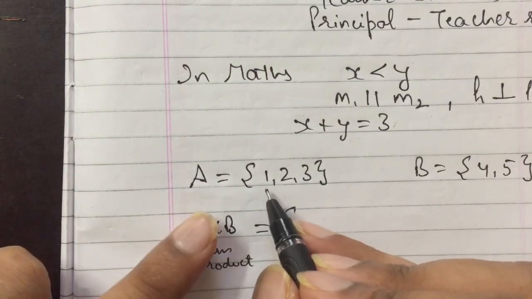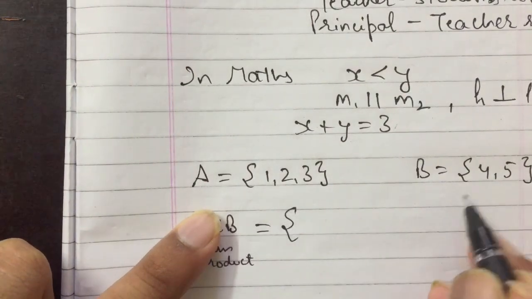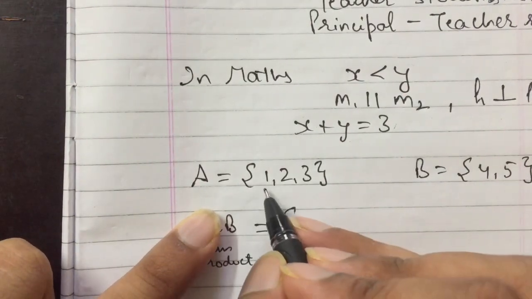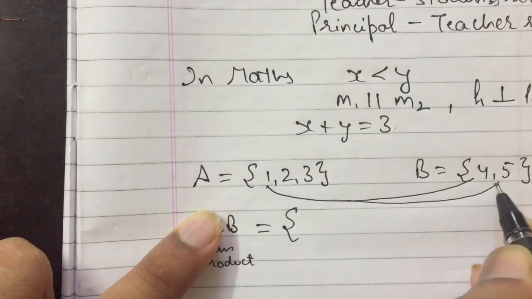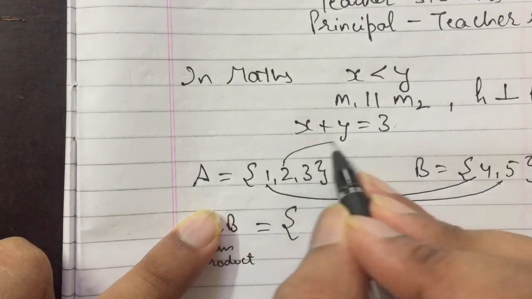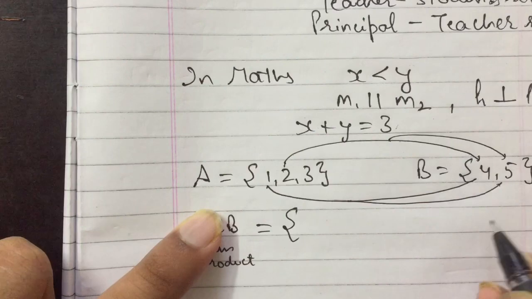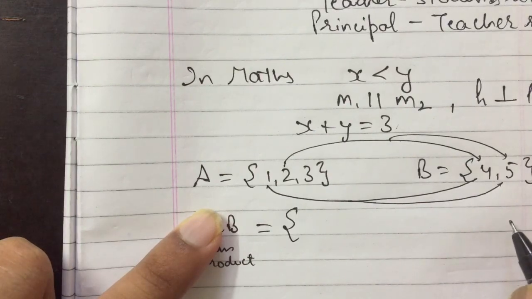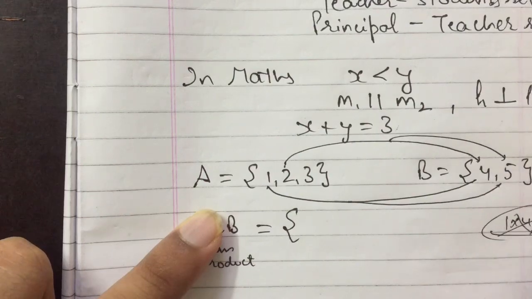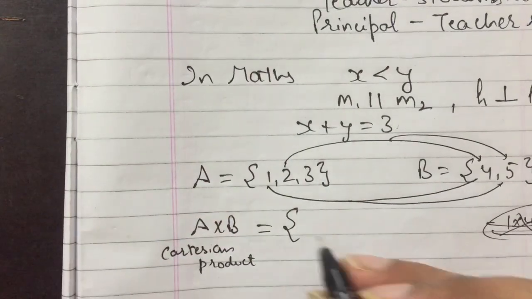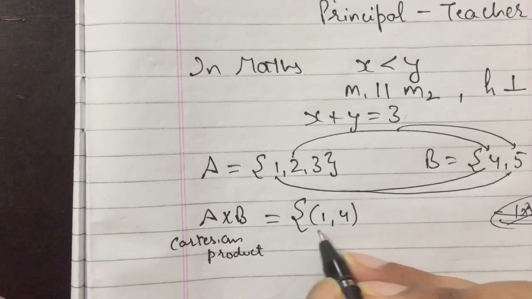The first element of set A will be multiplied with both the elements of set B, first with 4 and then with 5. Similarly with 2, the same case, with 4 and then with 5. Now we are not doing the existing multiplication; 1 multiplied by 4 equal to 4, we are not going to do this. So this will be (1, 4), one product.